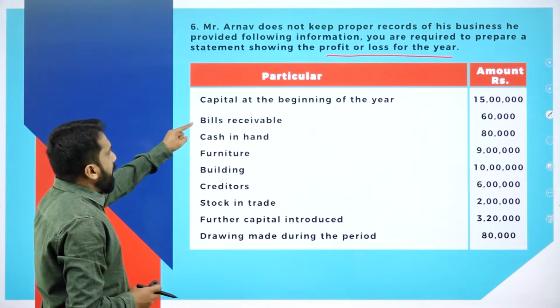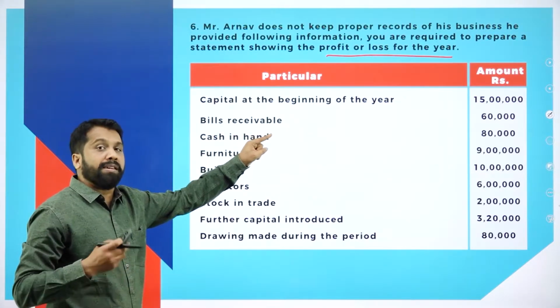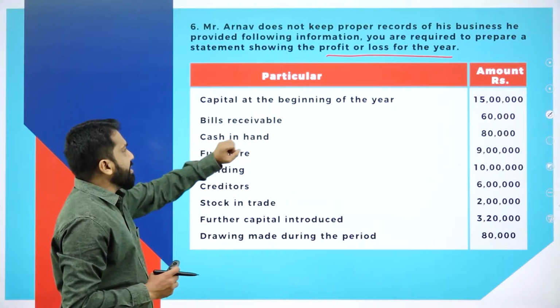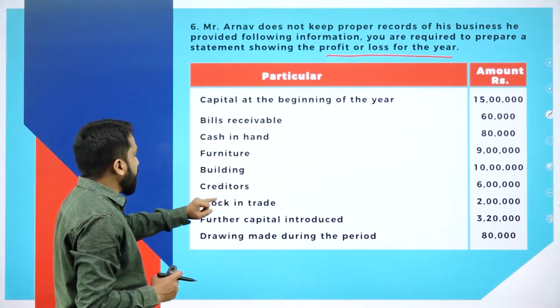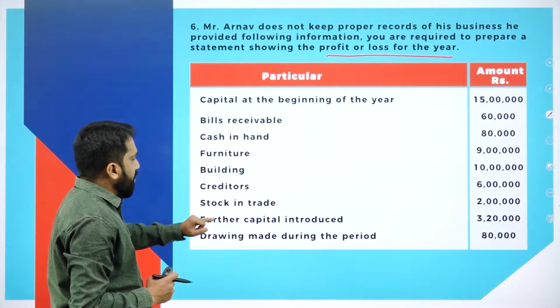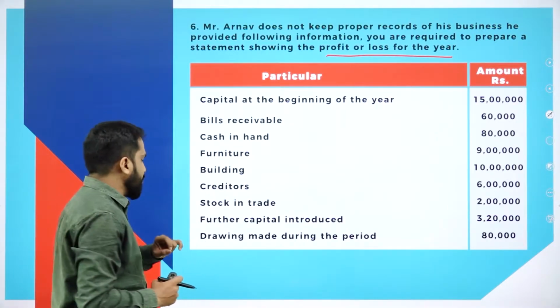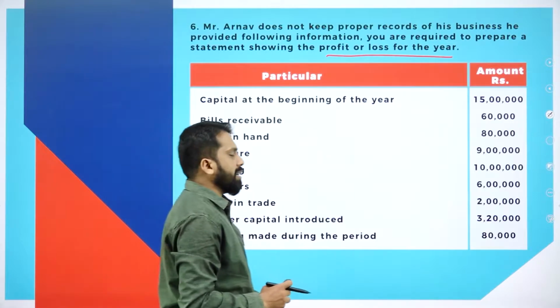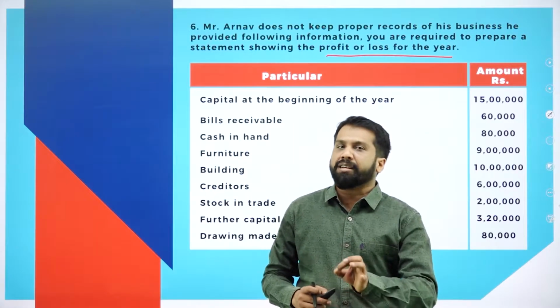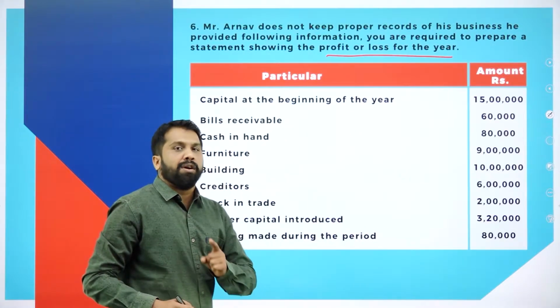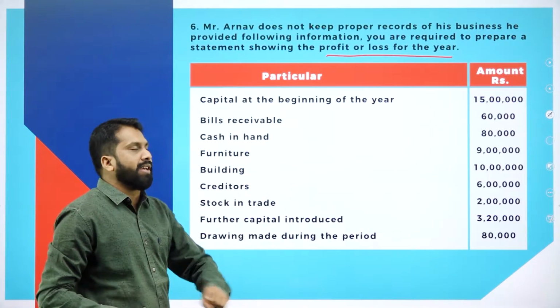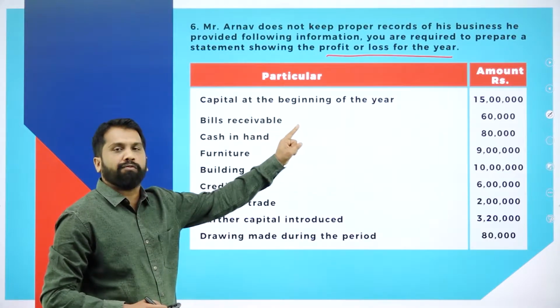The information includes opening capital, bills receivable, cash in hand, furniture, building, creditors, stock in trade, further capital introduced, and drawings made during the period. Can you find closing capital in this? The answer is no. Without closing capital, you cannot find out the profit.